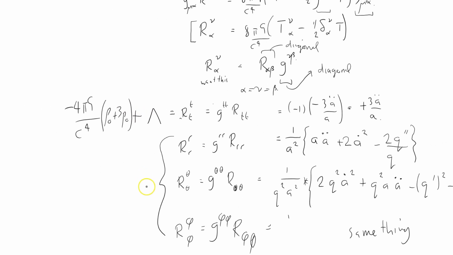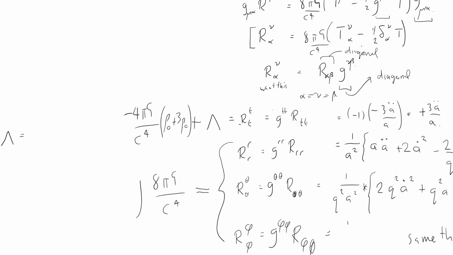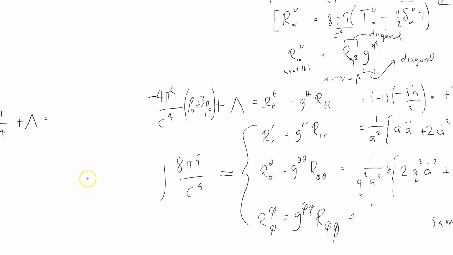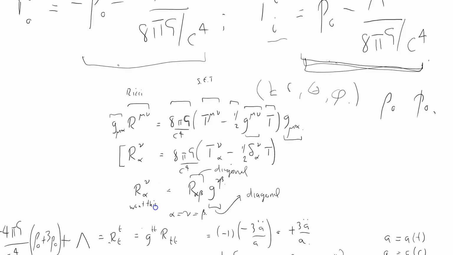We have got, these are all equal to, from this equation here, 8 pi G upon c to the power 4 times T mu nu for the spatial components, which is now this one here, P0 minus cosmological constant. So it's P0 minus cosmological constant over 8 pi G over c to the power 4. That's that term there. And we've also got minus a half times the stress energy scalar.